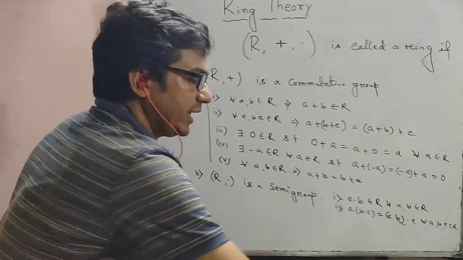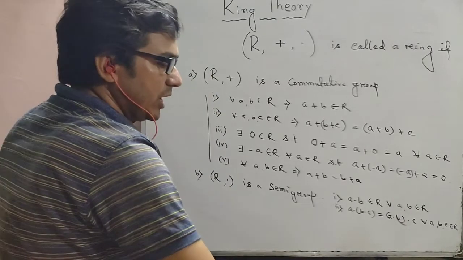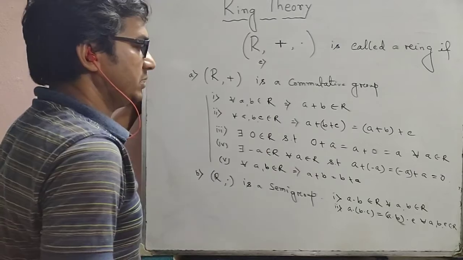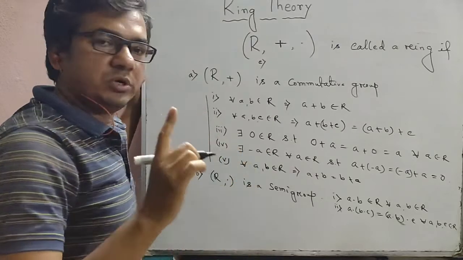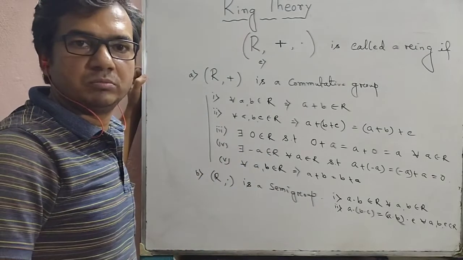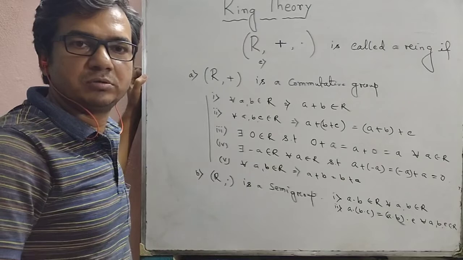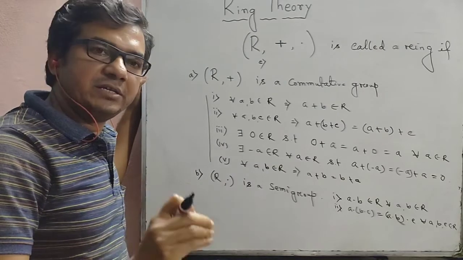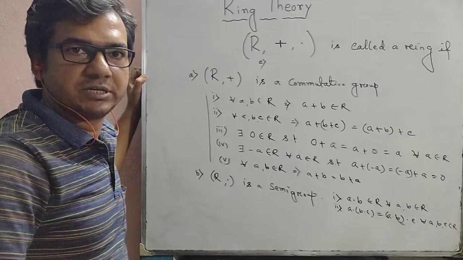And 2 extra properties are required. Here C, 2 distributive laws must hold with respect to addition and multiplication.